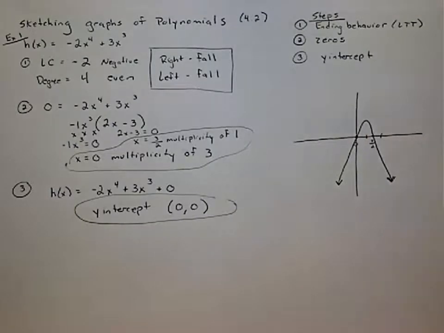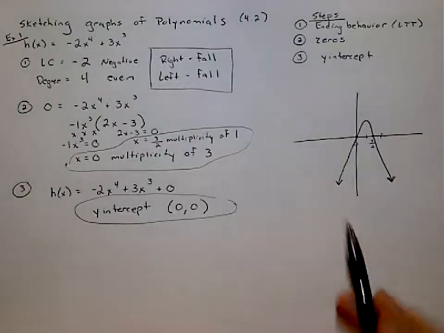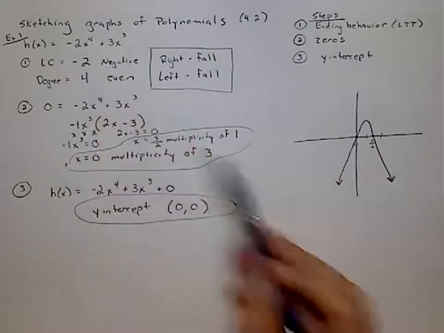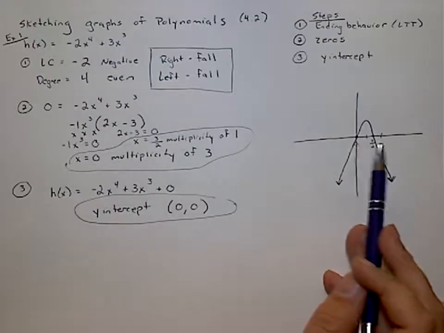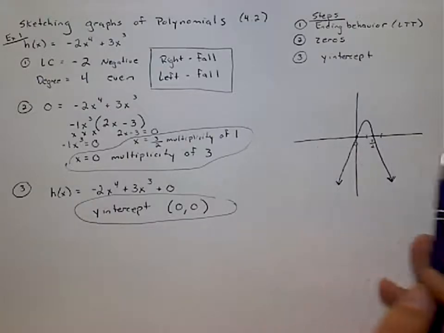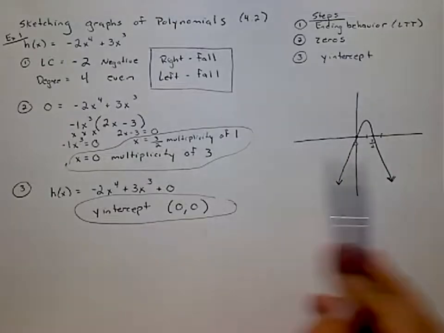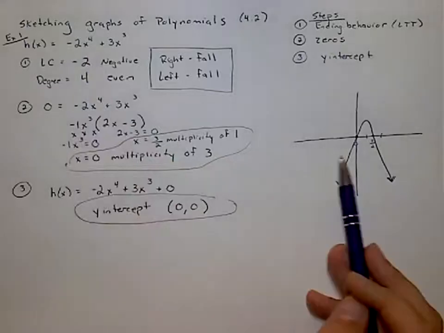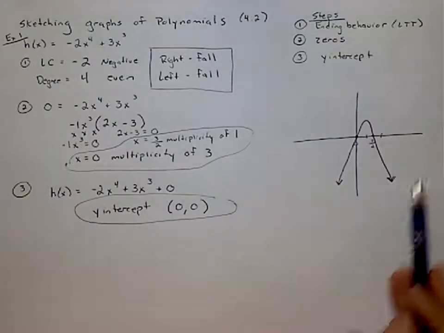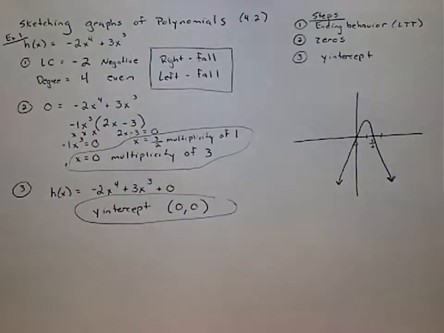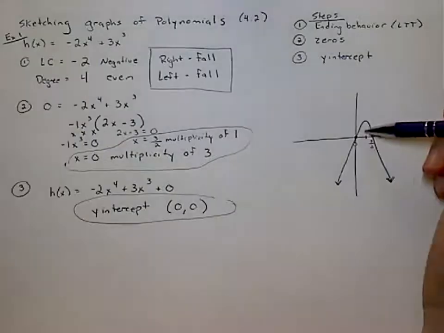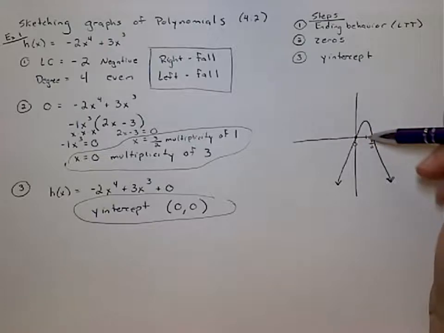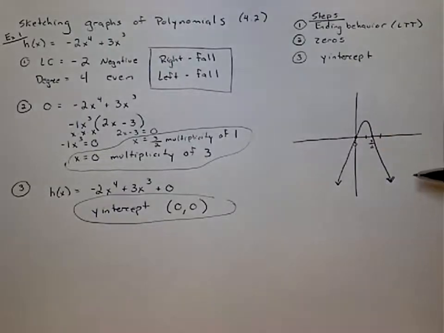All right. So our graph is going to look like a parabola, even though it is a quartic. Remember, the maximum number of times it could cross the x-axis is 4. This particular one only crosses 2. So the quartic looks like a quadratic. That would be about as accurate a graph as I would want you to make. Once again, we do not know how high this goes or how many other squiggles it has in here.